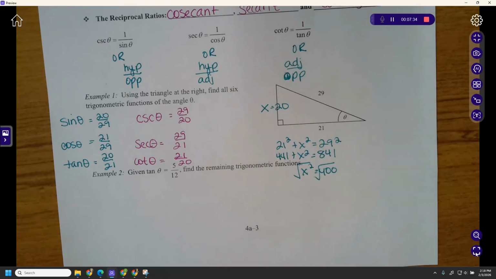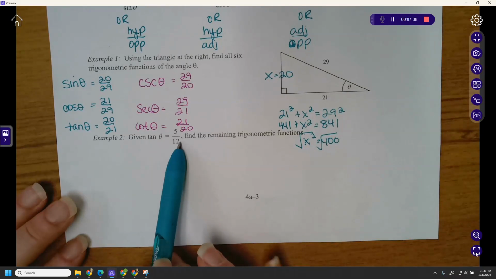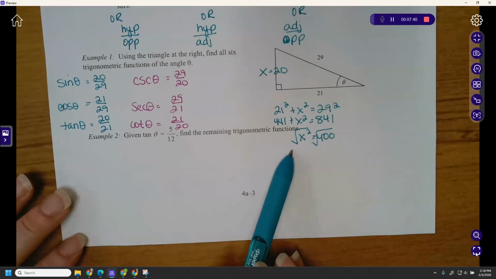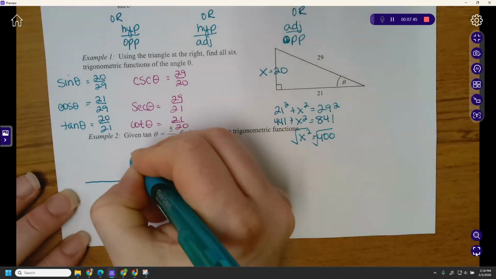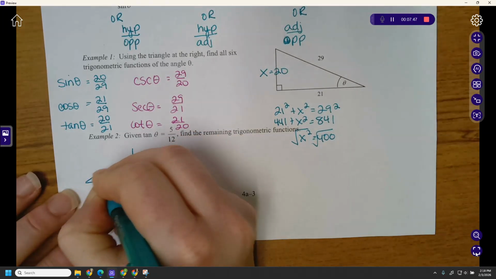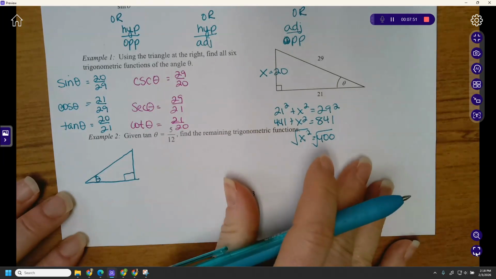Not too bad. So what if instead I give you one of the 6 and I ask you to find the others? Well, I'm going to call this a reference triangle. We're going to draw a right triangle, and I'm going to put theta in the corner.